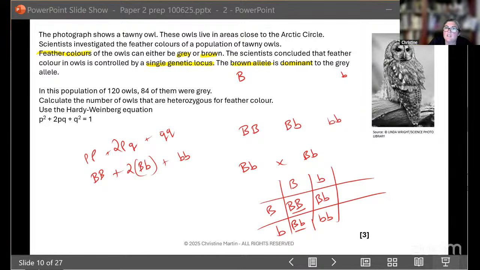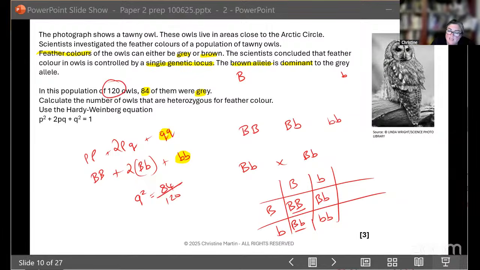So therefore, because that's Hardy-Weinberg's equation, we are able to work this out because they've told us 84 are gray. So 84 are my two lowercase b's. So therefore, that means that this will be the lowercase one. So my Q squared equals 84 out of 120.